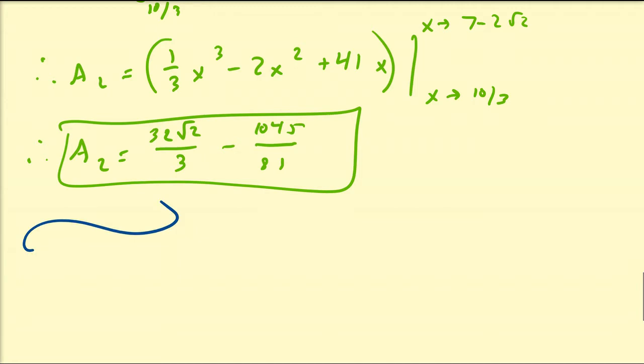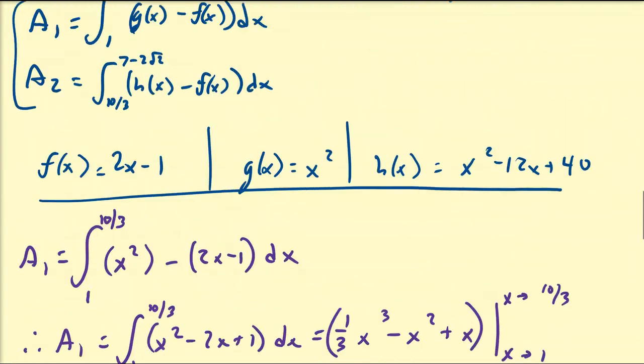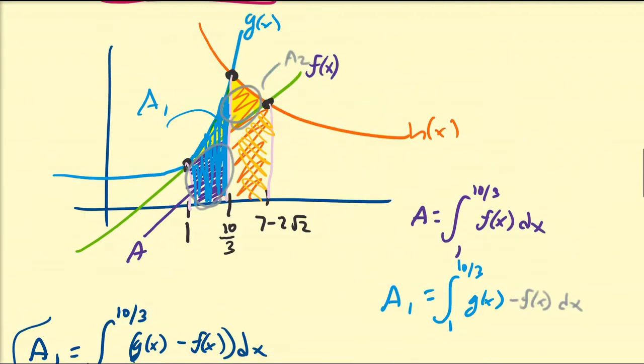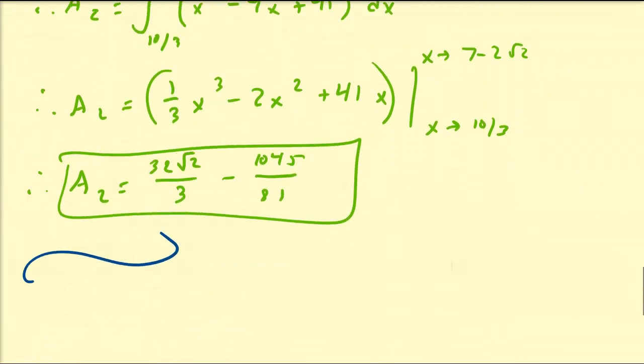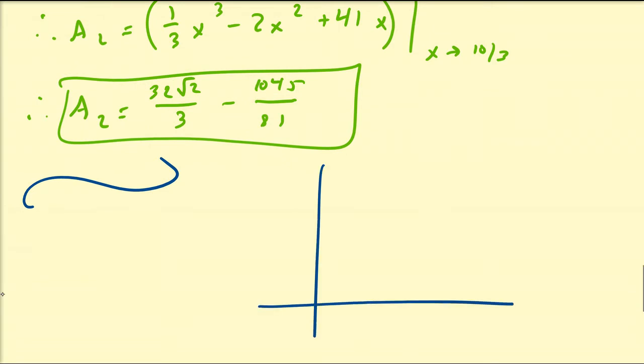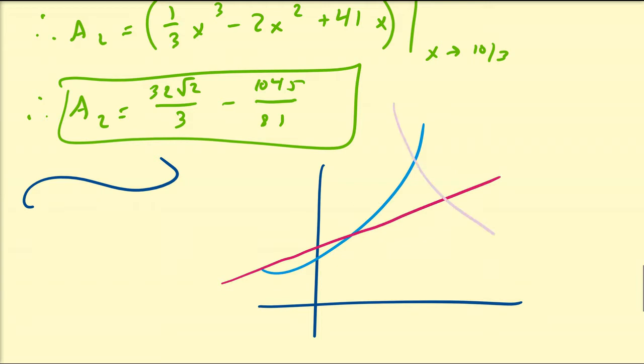So what do we have so far? If we go back and look at our picture, let's redraw our picture just to make it cleaner. So we have this, we have that, we have this. We've broken up our area into two pieces. This is area 1 and area 2, and we're interested in the total area.